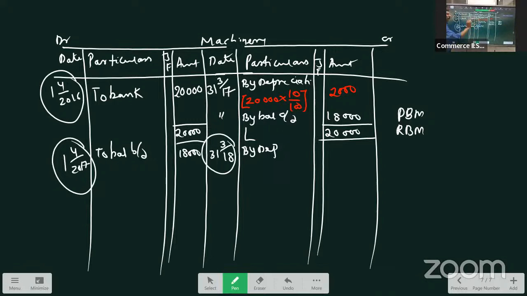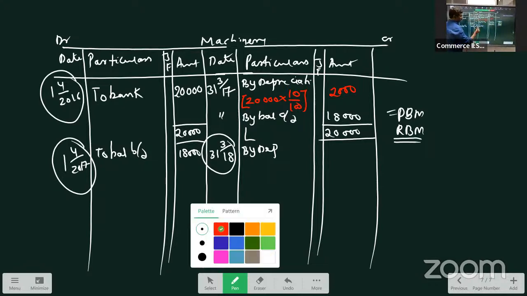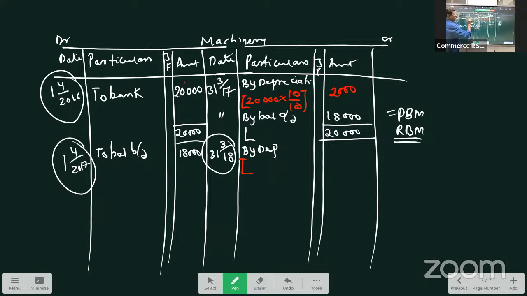But here, my dear students, there is one very important thing I should tell you. Because we are following the reducing balance method, I will be calculating depreciation not on 20,000 but on 18,000. In the previous problem, we were calculating depreciation throughout the life of the asset on original cost only.